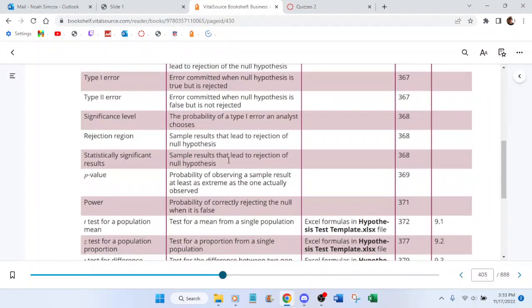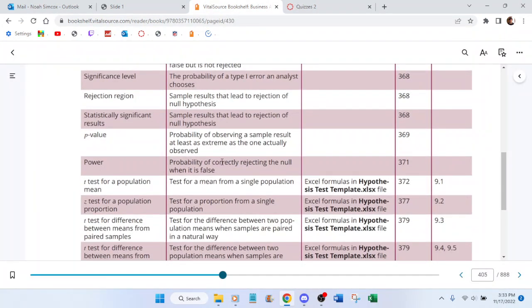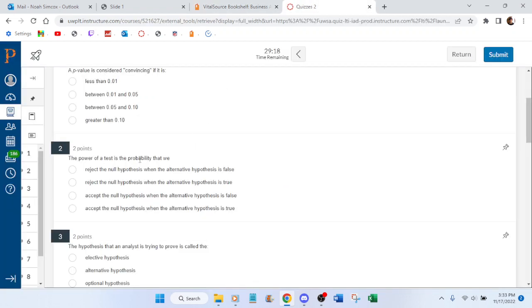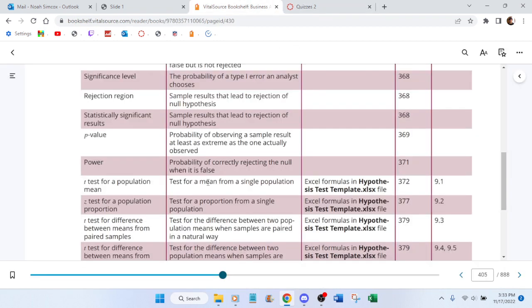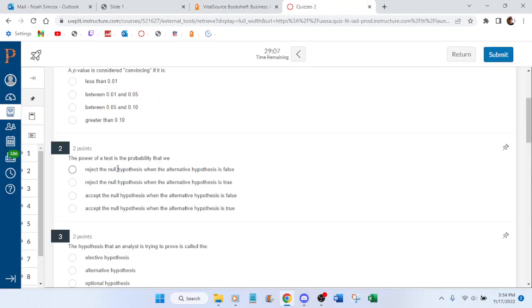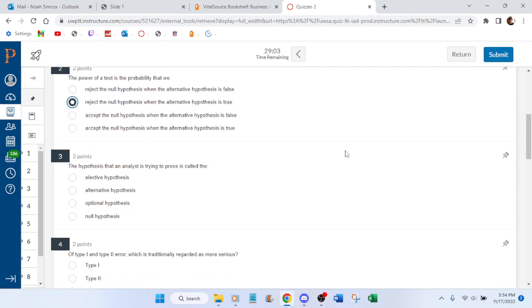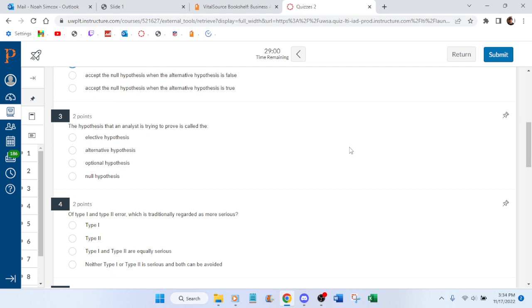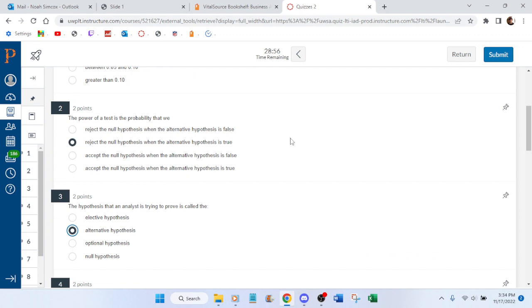Power: probability of correctly rejecting the null when it is false. So it rejects the null when the null is false, rejects the null when the alternative hypothesis is true. The hypothesis that an analyst is trying to prove is called an alternative hypothesis.